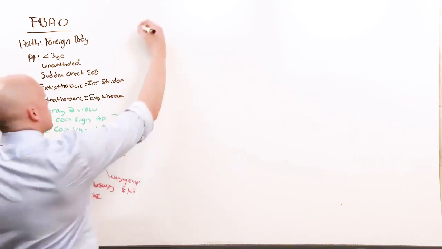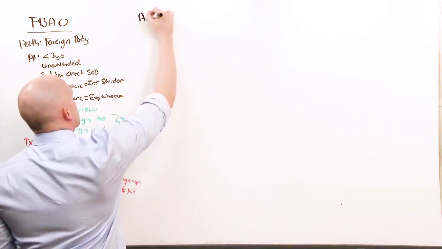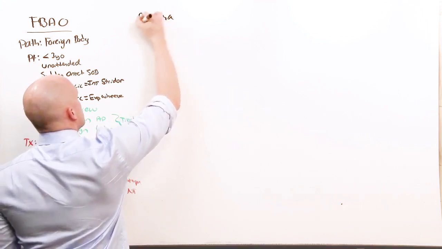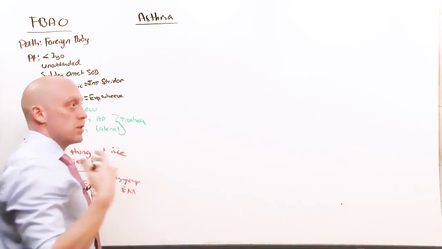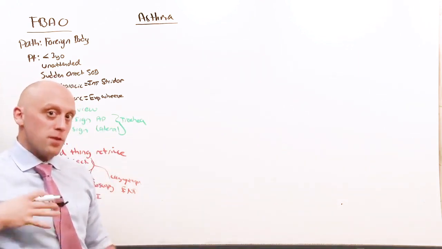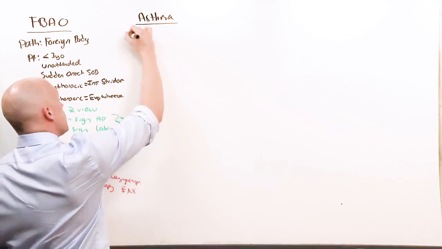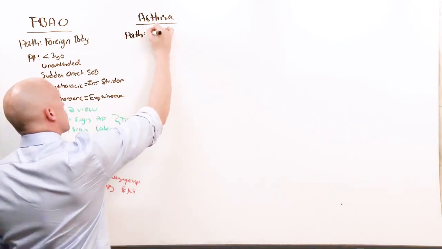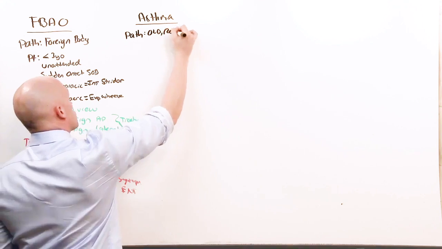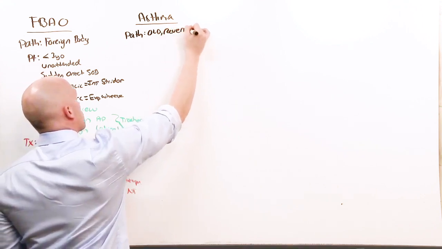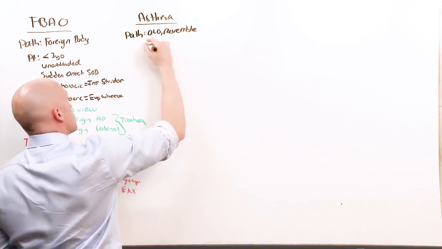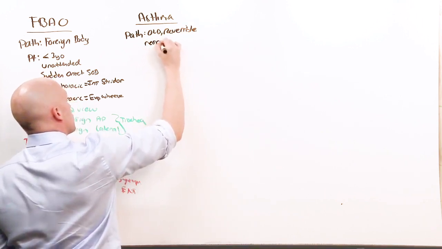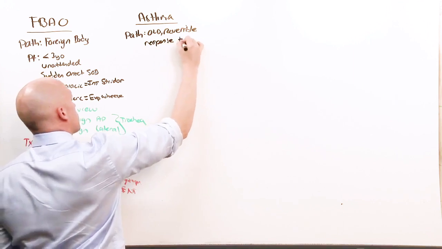The next disease is asthma, and we have a 20-minute lecture in adult internal medicine dedicated to asthma. So this is going to be a rapid-fire drive-by, high yield only. Asthma is an obstructive lung disease that is reversible with bronchodilators and inducible in response to an antigen, that is, to a trigger.